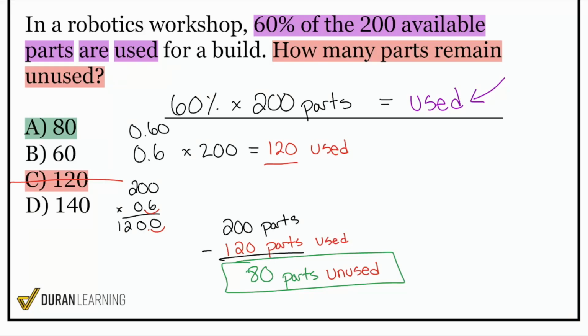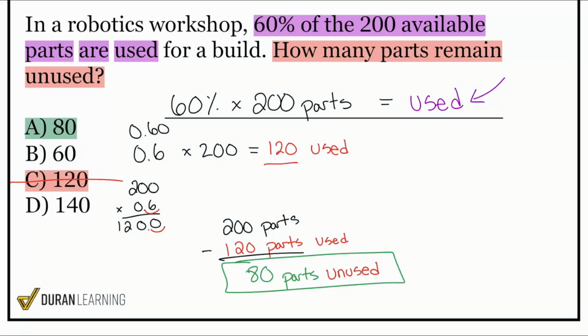Remember how I said this a couple of moments ago: word problems are twofold. Step 1 is translating the English into math, and step 2 is actually calculating the math. You cannot succeed without both. We have to do both properly, and that's where misreading the question is going to cost you. My party people, does that make sense to you before I show you the second way of doing this problem?